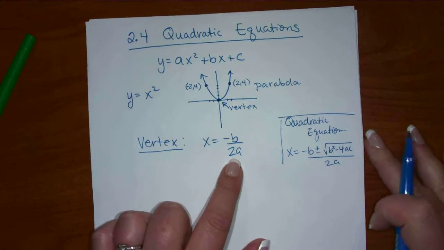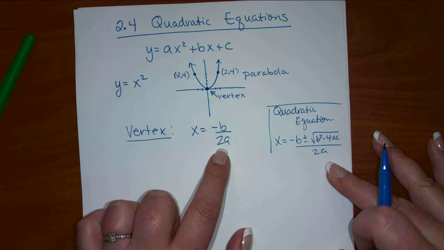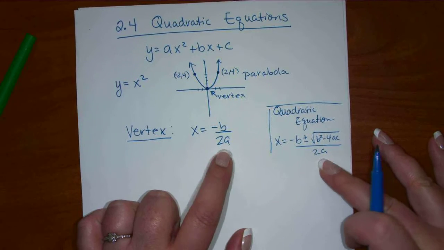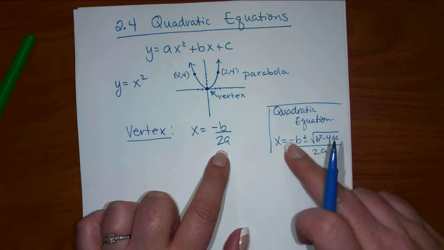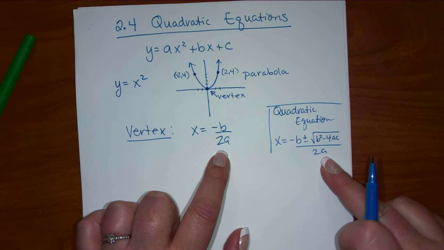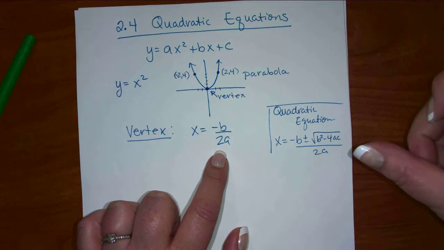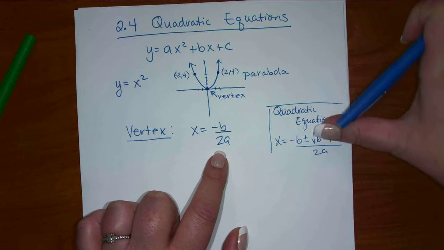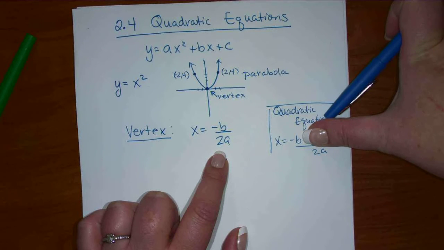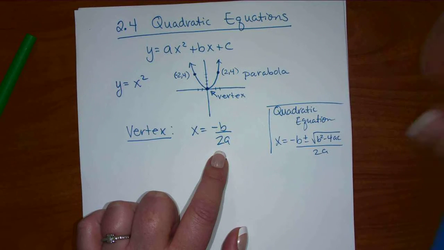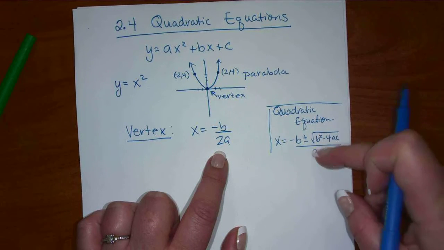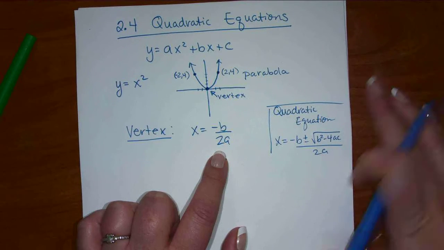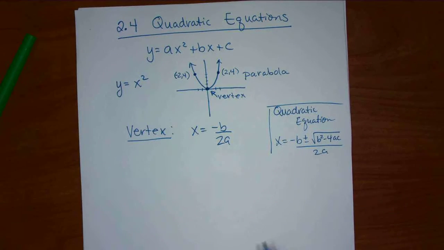Where is this on the quadratic equation? Look at the two and compare them. Where do you see that? The minus b is here and the 2a is here. So what's missing from the vertex formula and this? Just take that whole square root out and you've got the formula for the vertex. That's it. So if you know the quadratic equation, forget this square root part. You put minus b over 2a and that gives you the vertex, or the x value of the vertex.